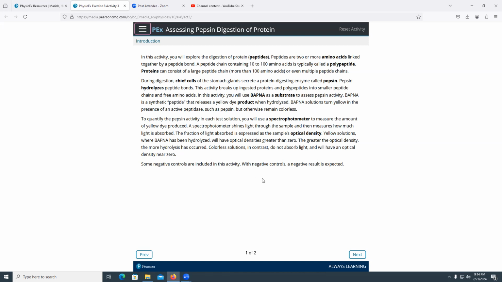So some negative controls are included in this activity. With a negative control, a negative result is expected.